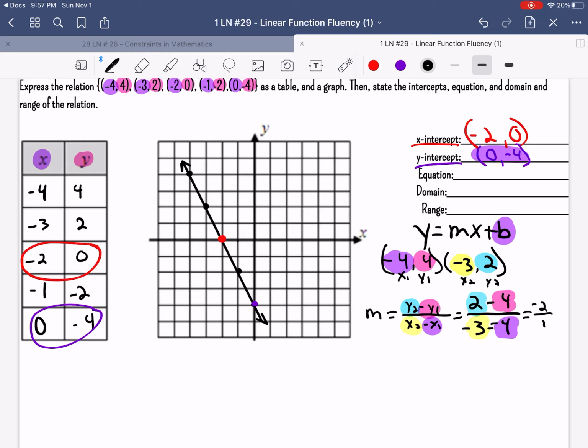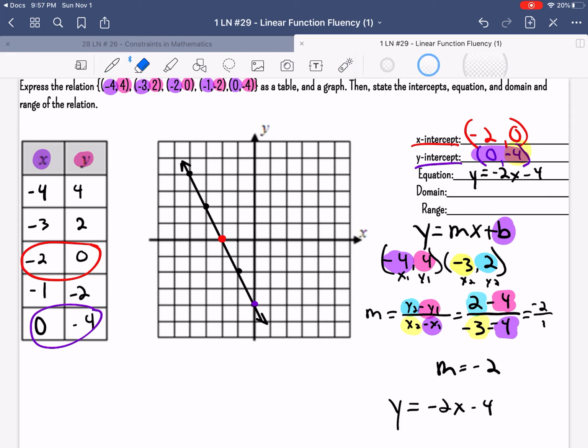I always want to check my calculations. Yep, +1. So the slope is -2 over 1, which you can also just write as -2. So now I have my equation, y equals -2x, and my y-intercept is -4. So that's my equation, y equals -2x minus 4.